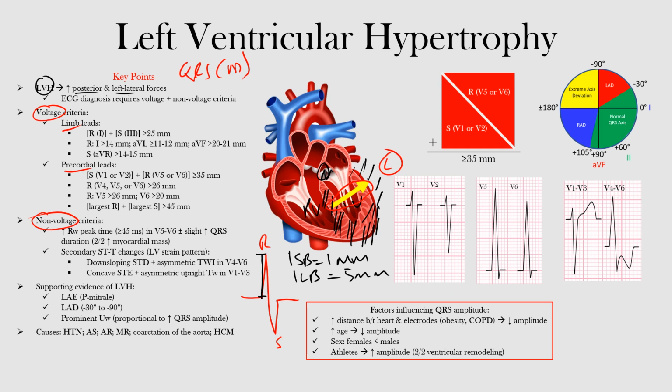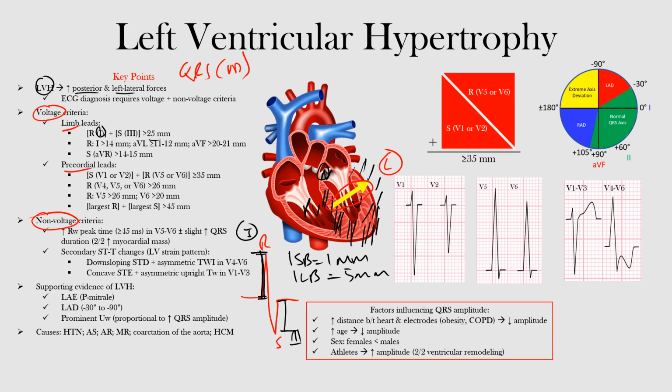So we take the amplitude of the R wave in lead 1 and add it to the depth of the S wave in lead 3, and if it's greater than 25 millimeters, that meets the criteria.